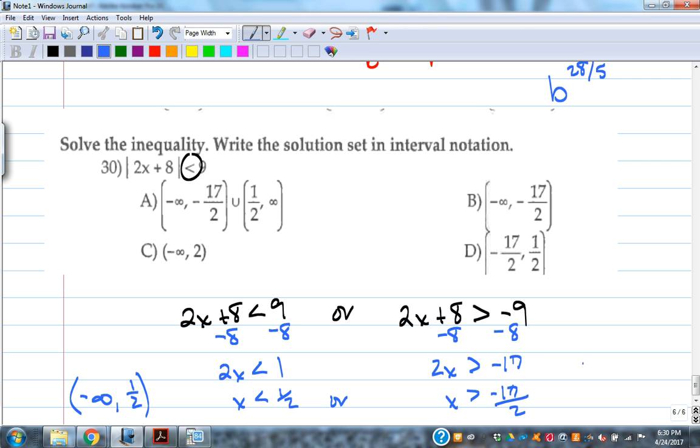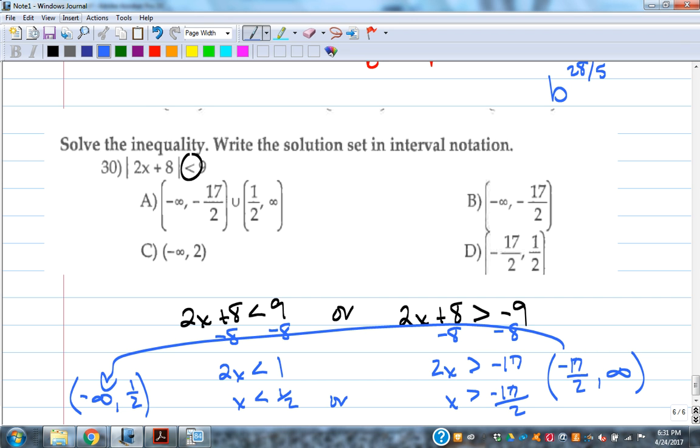And this is from -17 over 2 to infinity. -17 over 2 is actually inside of that. So if it's going to stop at -17 over 2 and go up, and it's only going to go up to 1/2, that means that your answer choice should be D, I believe, for 30. Make sure that's right.